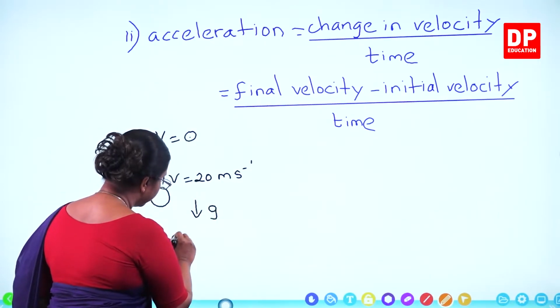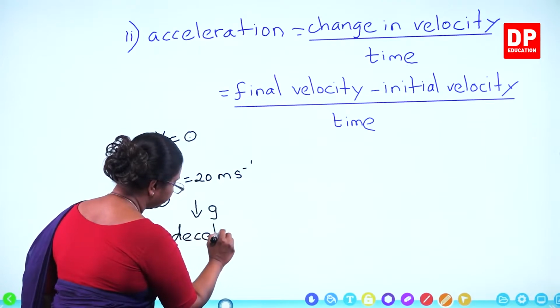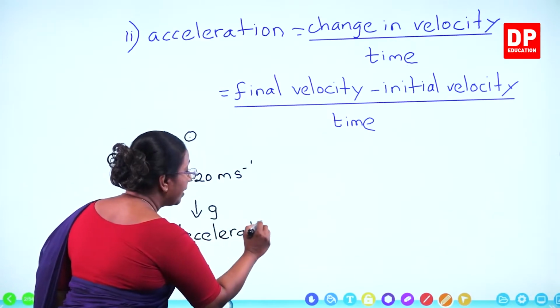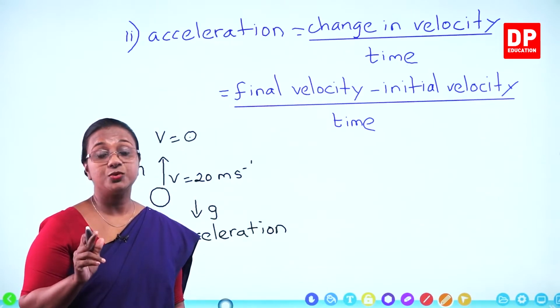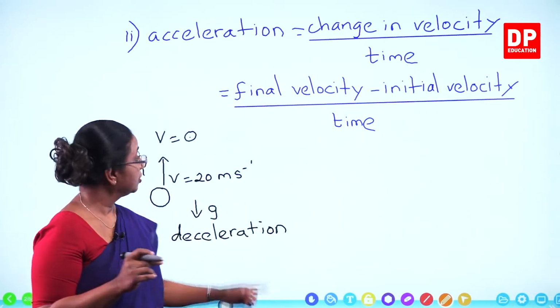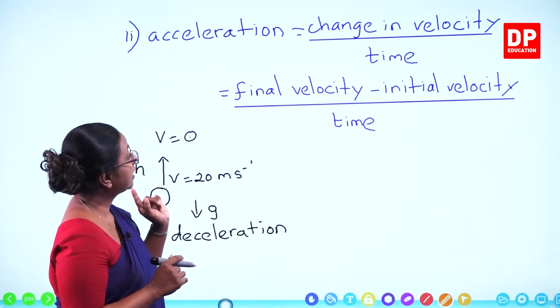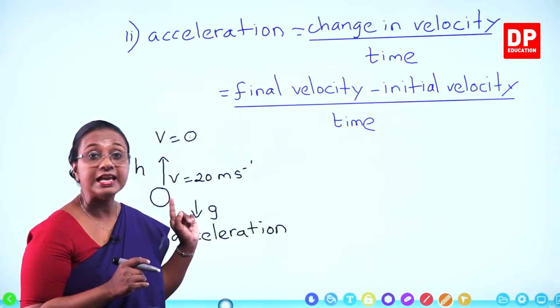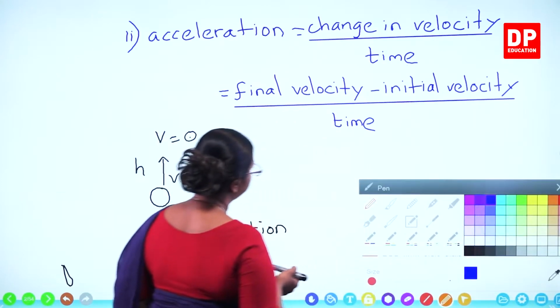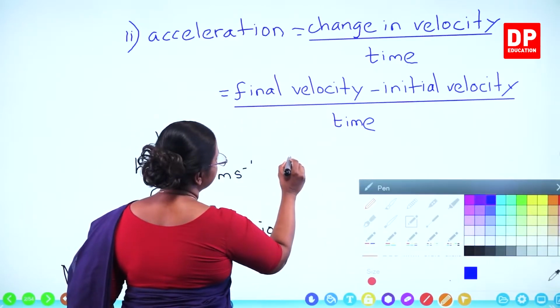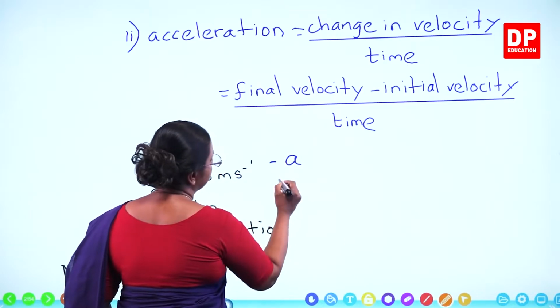Gravity downwards, so deceleration. What is deceleration? Minus acceleration is going to be deceleration. So here for acceleration we need to have a negative value. That is what we need to substitute there. So here acceleration is minus.